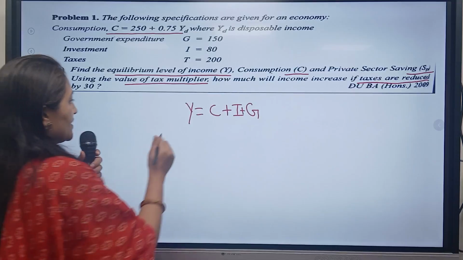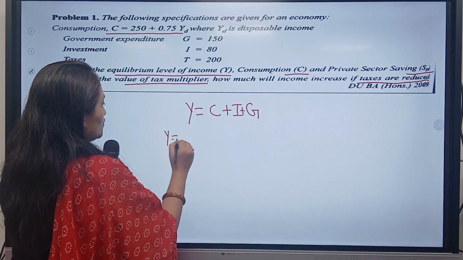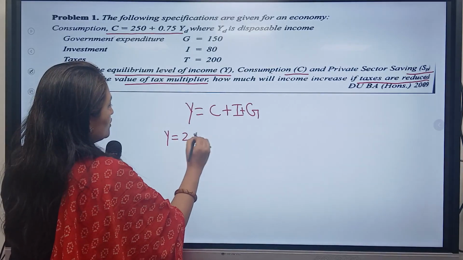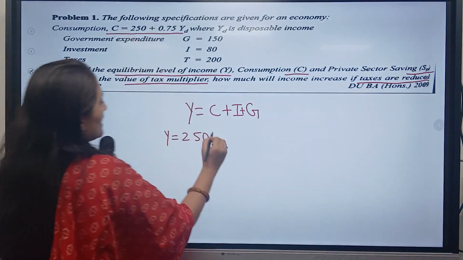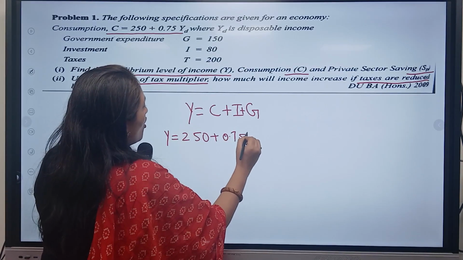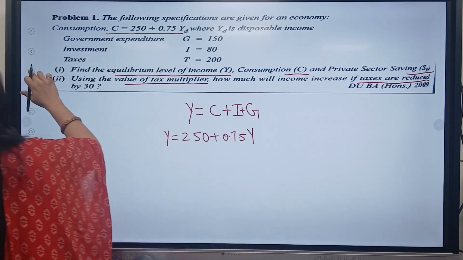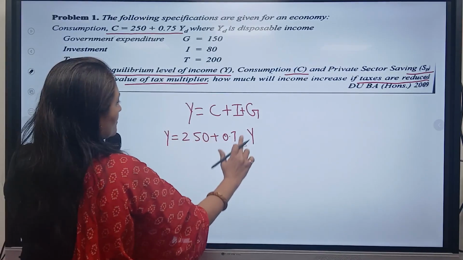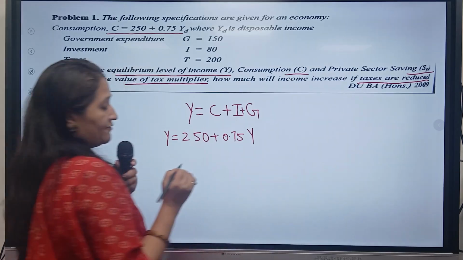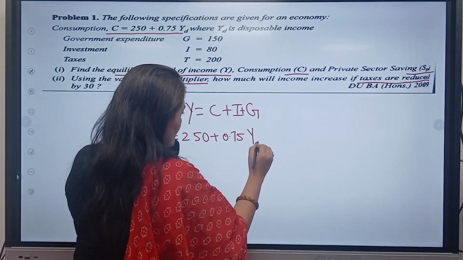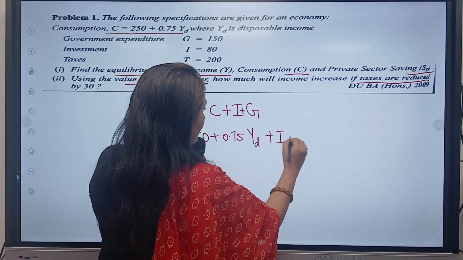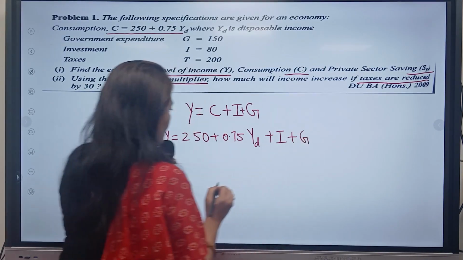So Y is equal to 250 plus 0.75, that is 75% of disposable income, plus the remaining variables as they are, I and G.